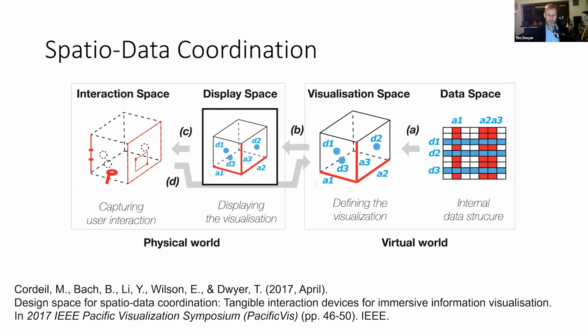What I'm going to talk about now is another little theme that's been running through our work for a few years, which is this idea of spatio-data coordination, the idea that the interaction space, the space of interaction with data, should somehow conform to the dimensionality of the data itself. Probably the easiest way to explain that is with some examples.